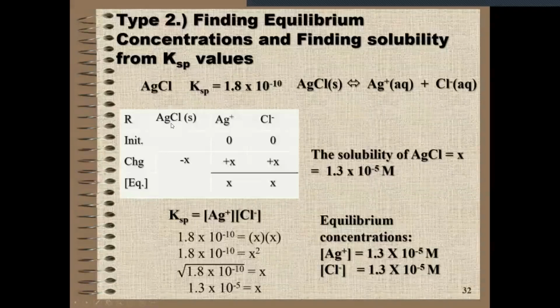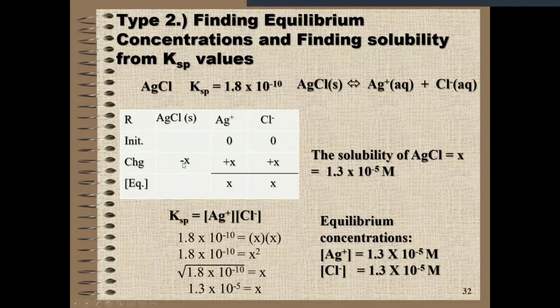So how much will this dissolve, and how much of these ions will be around at equilibrium? So we set up our ice table. We don't know how much is going to dissolve. We start with 0 dissolved before we put it in. Once we put it in, a certain amount dissolves. And whatever amount of this dissolves, since it's a 1-to-1 ratio, we'll get the same amount formed of each of these, X and X.